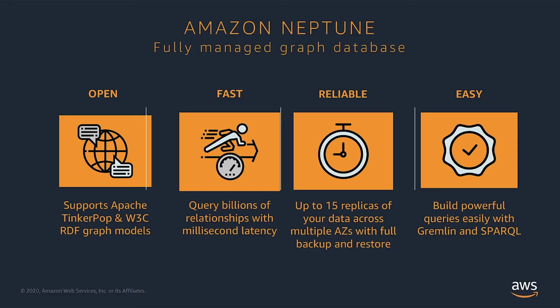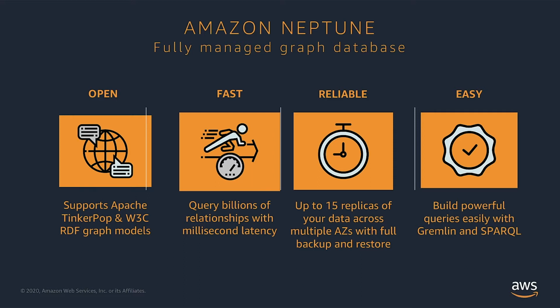Amazon Neptune is a fast, reliable, fully managed graph database service that makes it easy to build and run applications that work with highly connected datasets. The core of Amazon Neptune is a purpose-built high-performance graph database engine, optimized for storing billions of relationships and querying the graph with low latency.